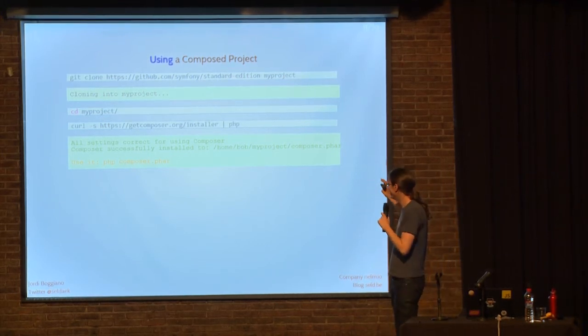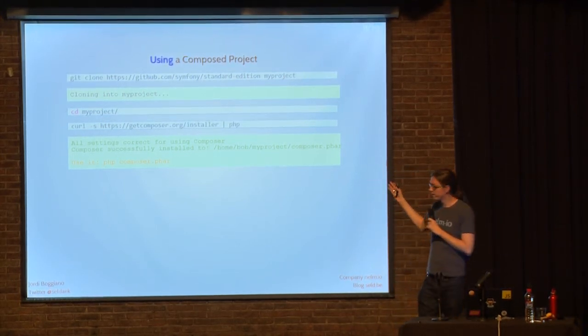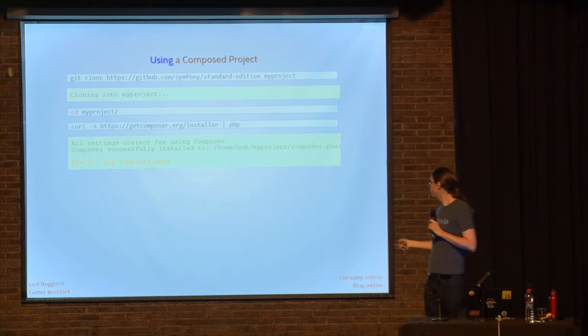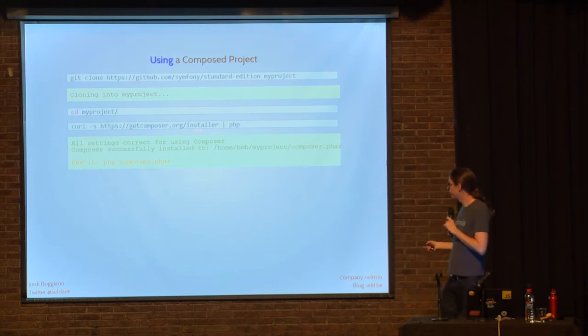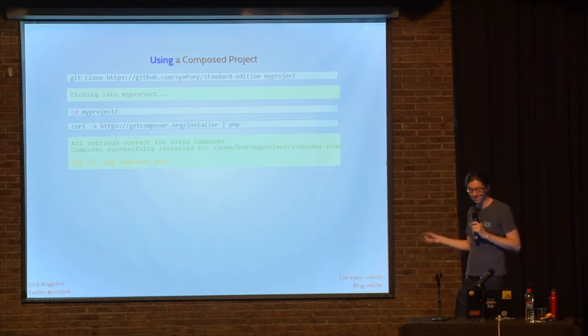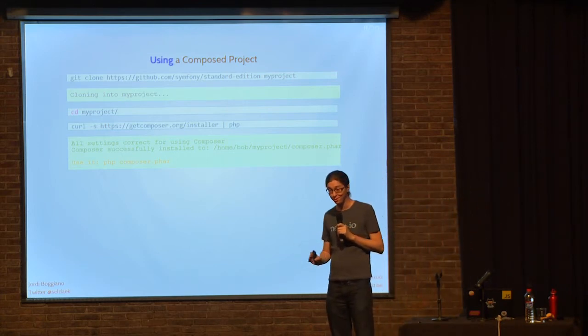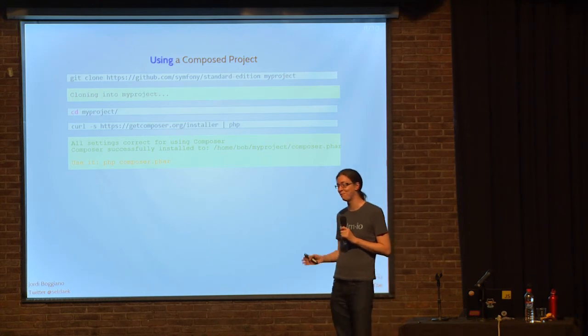But anyway, in most cases, what you do is you would just clone a repository. Then you have this curl line, which is a slightly scary way to install it. You just download the script and execute it directly, and you shouldn't do that, but it's convenient, and most people do it anyway.